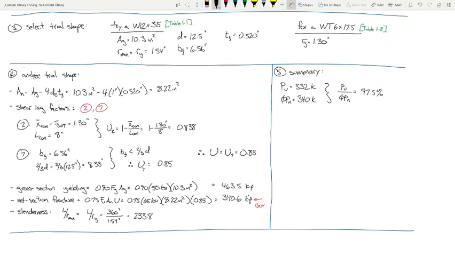Yeah, so that's a good design. And our L over R is 233.8, so we know it satisfies that. This is a pretty good member.